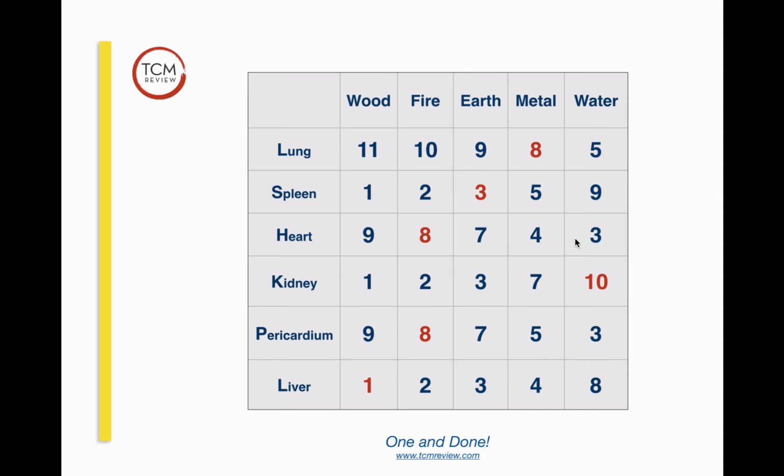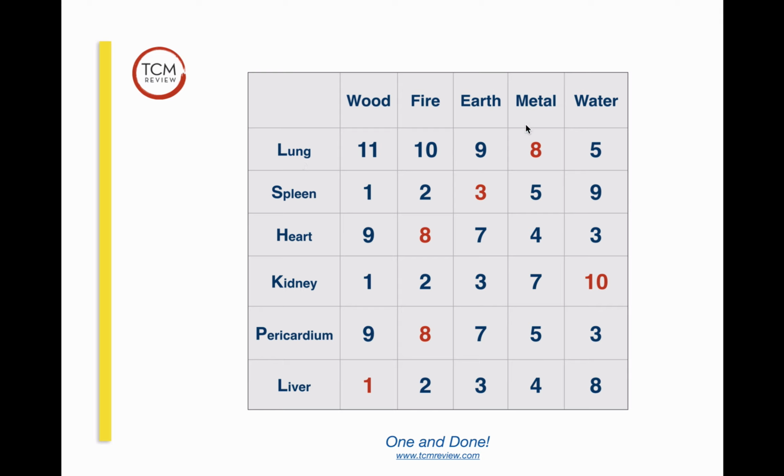Horary points on this table are all marked in red. They are the points where the column element, like here we have metal, and the channel element line up, right? So this is a metal column, and the lung is connected to the metal element.